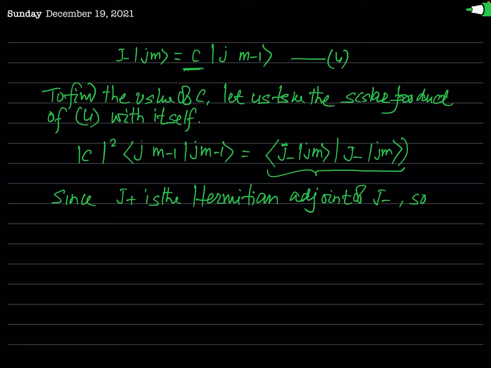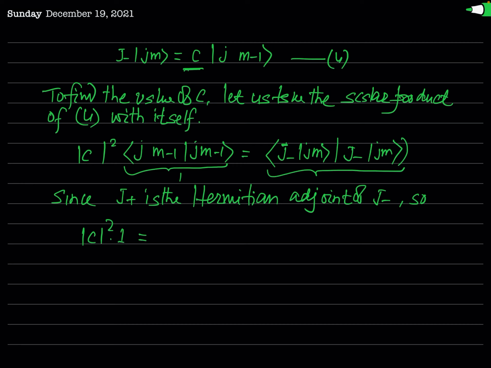You can see, you have learned this thing in case of the Hermitian operator. And again, this state ket j, m minus 1, this state is actually a normalized state. And so if it is normalized, then this scalar product will be equal to 1. And therefore, you can write mod c square into 1.